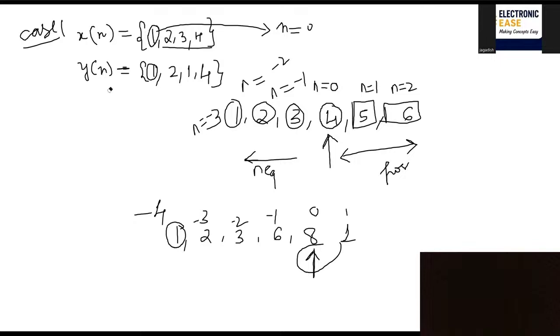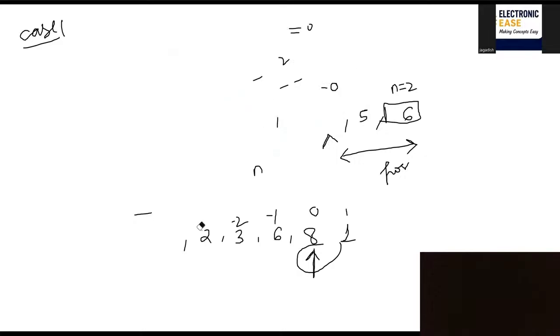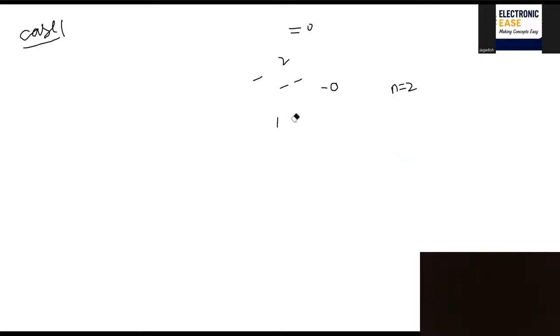Now I will give you one problem. Let me see how we will do. If you are able to plot basic signals, you can go to the advanced level. I can't directly jump to advanced level problems, so first we will solve the basic questions.